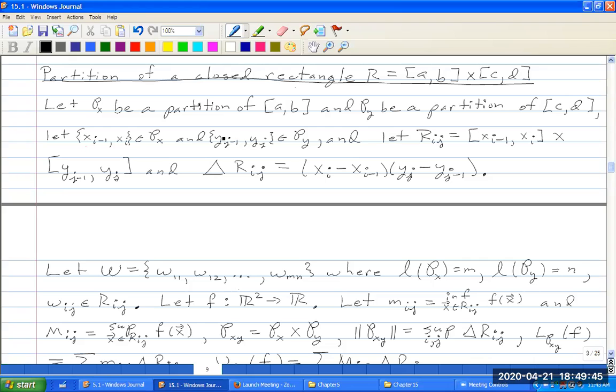Let the closed interval y sub j minus 1 to y sub j be a closed interval determined by this partition of y. And let R sub ij be the Cartesian product of the closed interval x sub i minus 1 to x sub i with the closed interval y sub j minus 1 to y sub j.